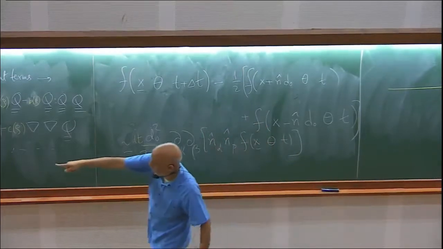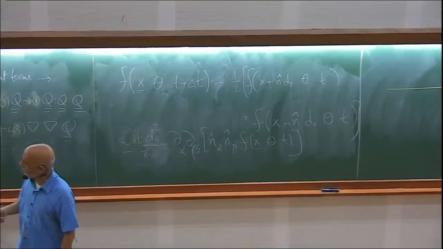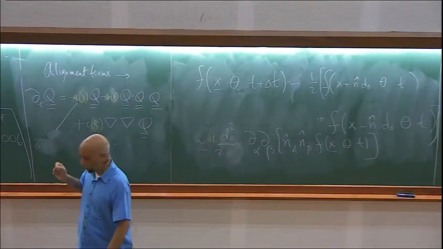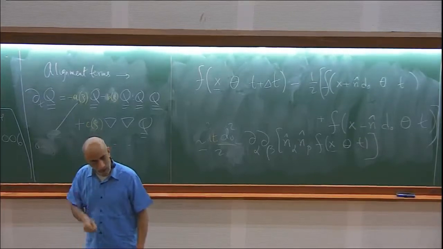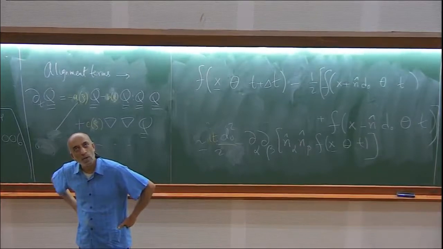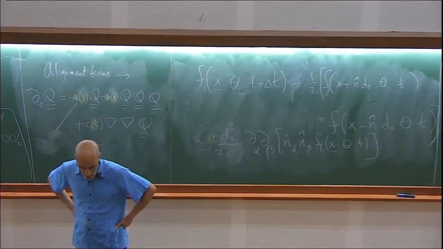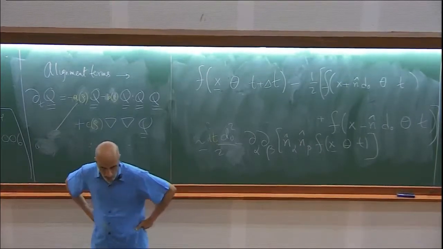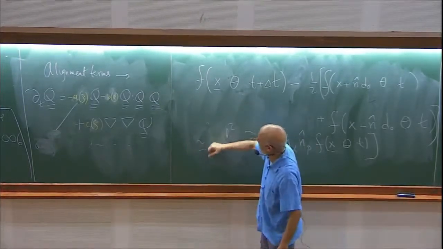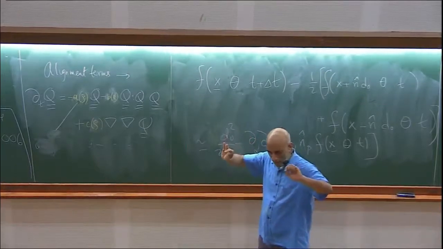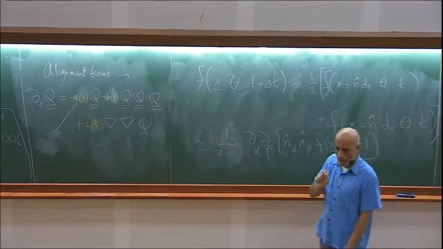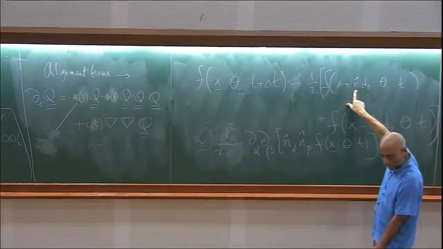If I said x of t plus delta t is x of t plus epsilon, then epsilon squared would be of order dt, and you would get ordinary diffusion. I'm just completely perplexed. All I'm saying is that this process is exactly diffusion, but along a fixed axis.